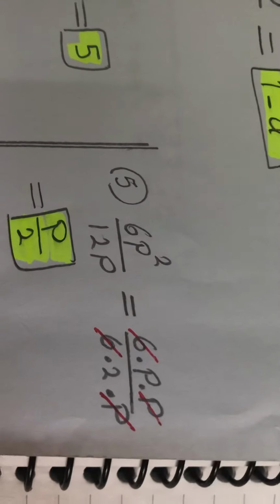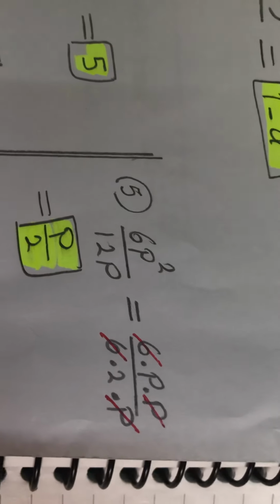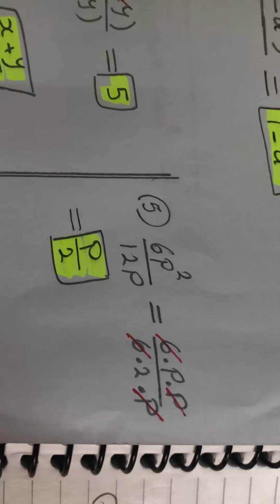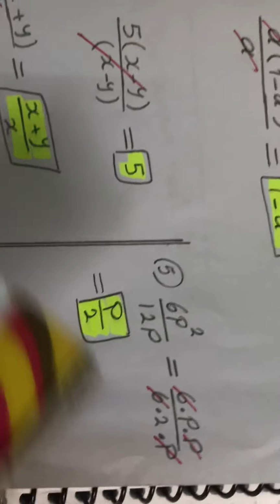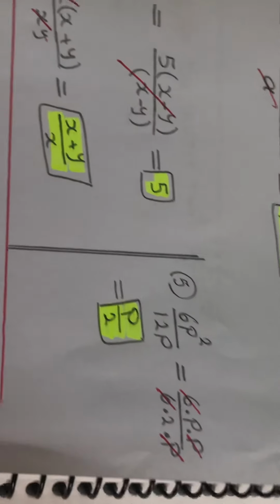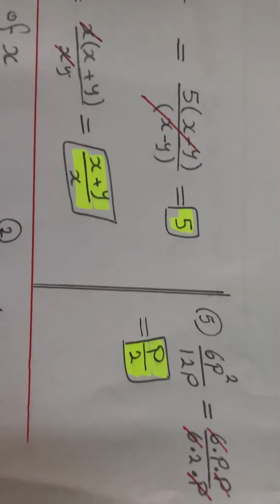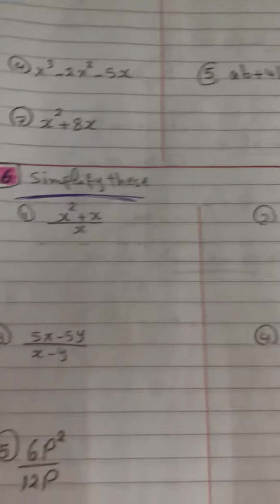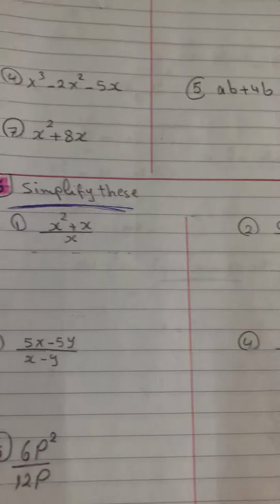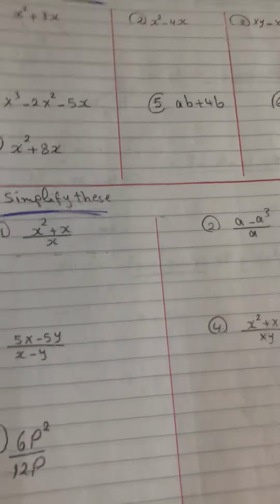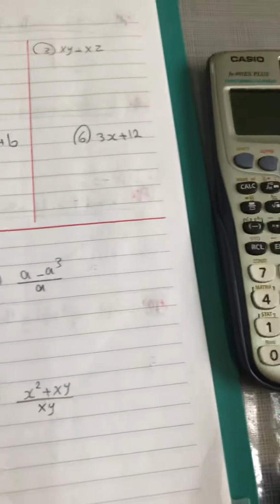Cancel 6 with 6, b with b. So what's left? b up and 2 down. I mean that you can factorize the numerator and the denominator and finally simplify. By this way, I finish question number 6, which is related to simplification, and I give you 5 problems to simplify.